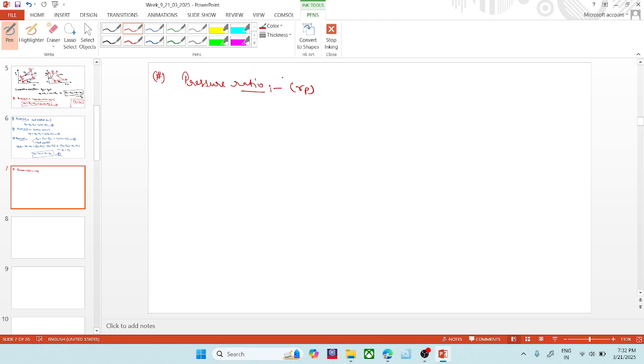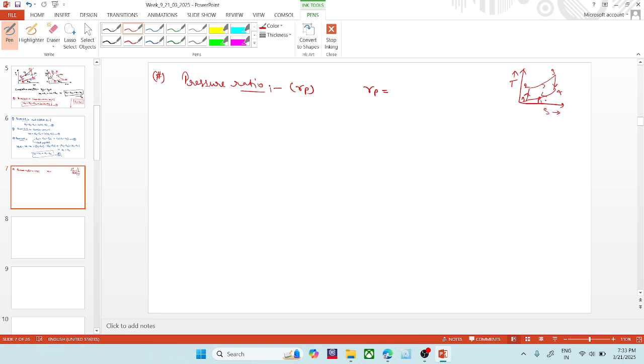RP is defined as the ratio of the high pressure to the lower pressure, as this Brayton cycle is all about two isentropic and two constant pressure processes, with points 1, 2, 3, and 4.